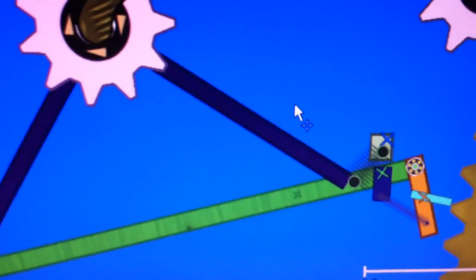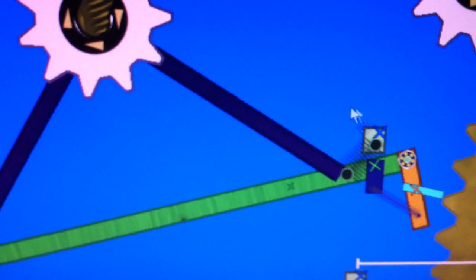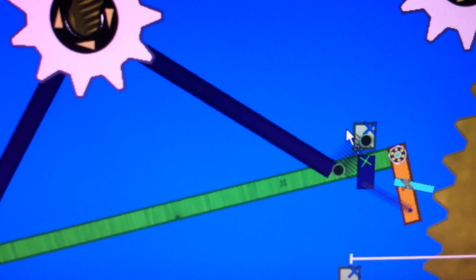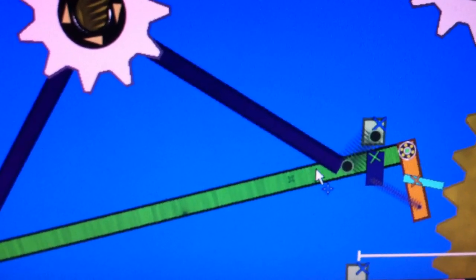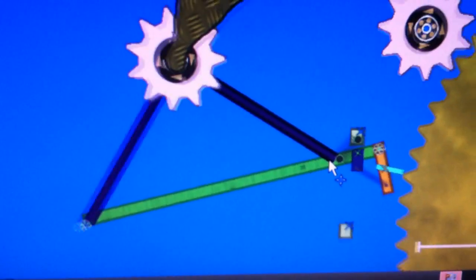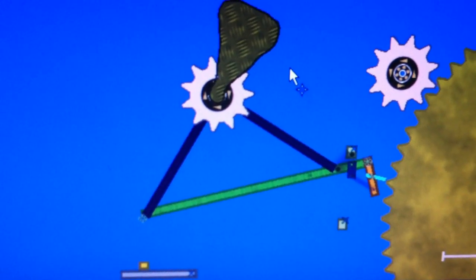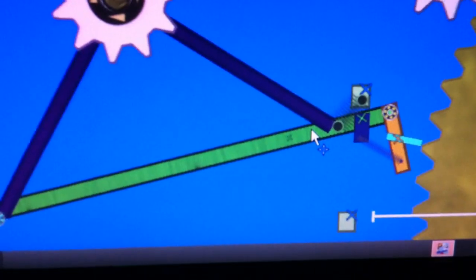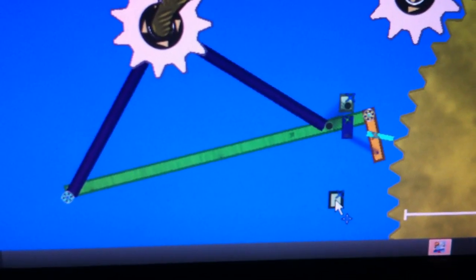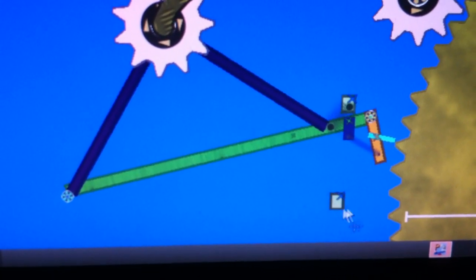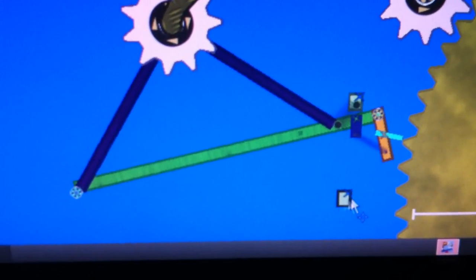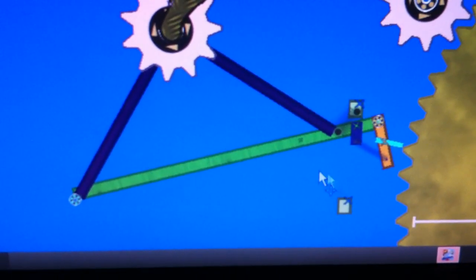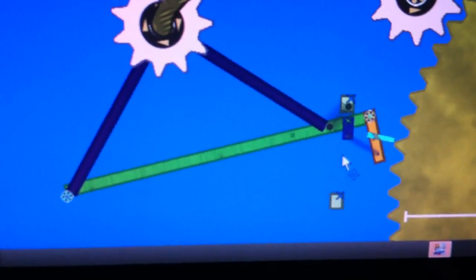So what we have to do in addition to that is add a limiter. That's what this square represents right here, a limiter. It prevents the bouncer from just flying off and going too high up. We have another limiter here which can simply represent maybe the base or the table that the device is sitting on, but it prevents it from going down, obviously, too far.